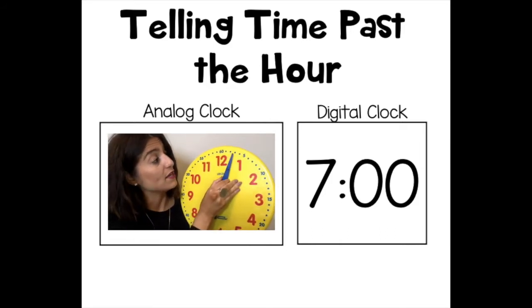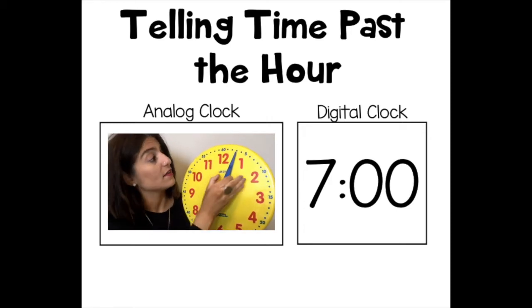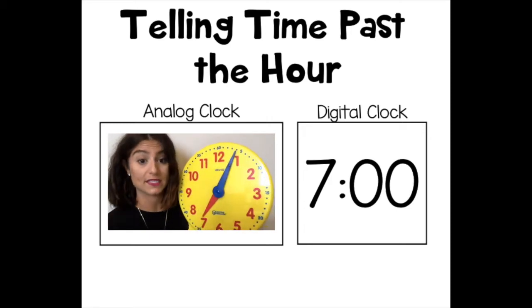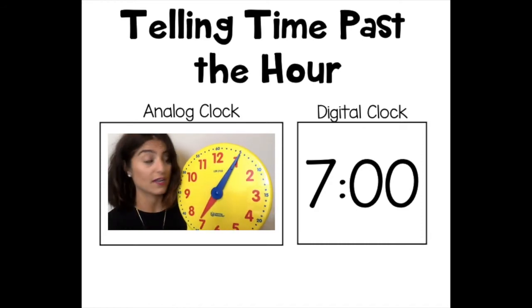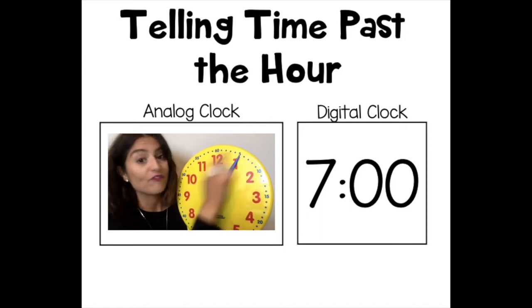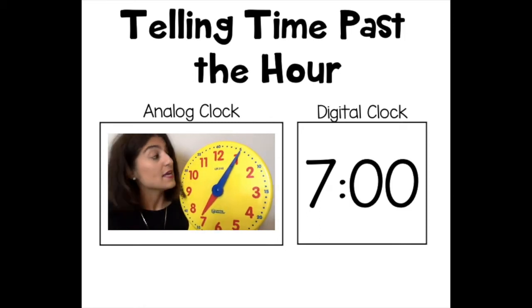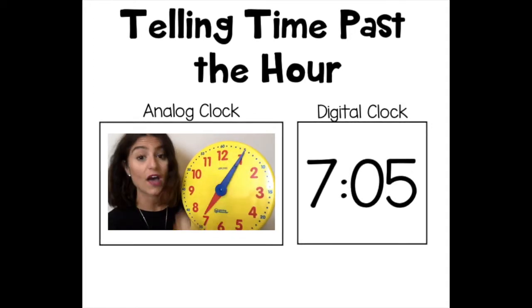And then another minute will go by, it will be 3 minutes past 7. And then 4 minutes past 7, and then 5 minutes past 7. I know it's on the 1, but 1, 2, 3, 4, 5 minutes have gone by. 5 minutes past 7, or you can say 7:05.